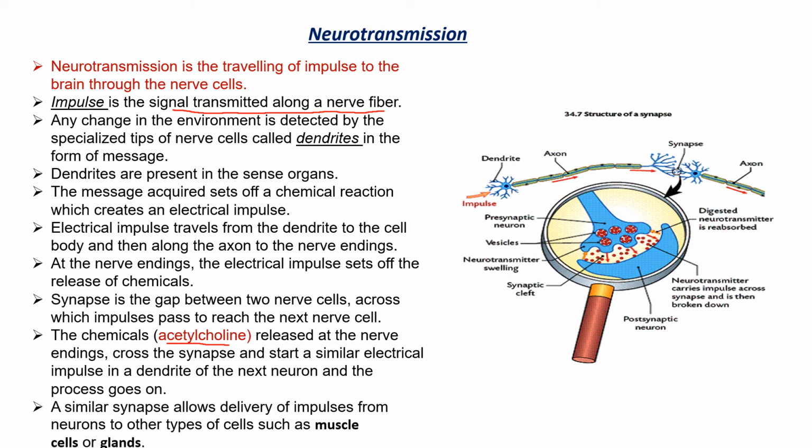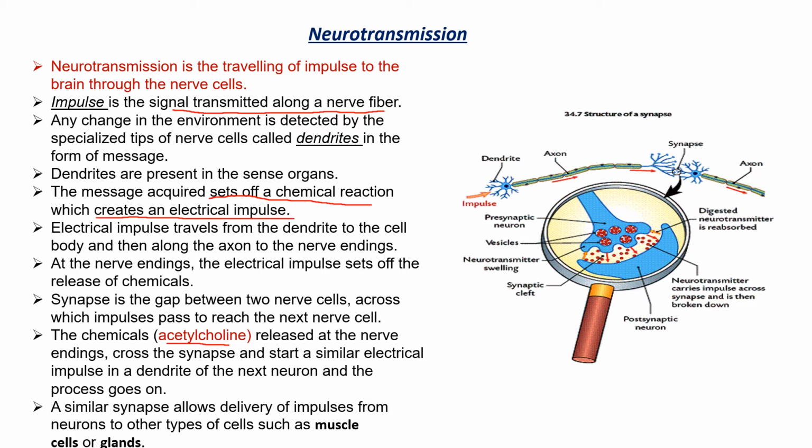Any change in the environment will be detected by the dendrites. If there is any change, the dendrites present in the sense organ are going to detect it, and this message sets off a chemical reaction which creates an electrical impulse.